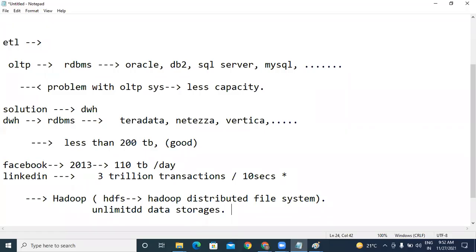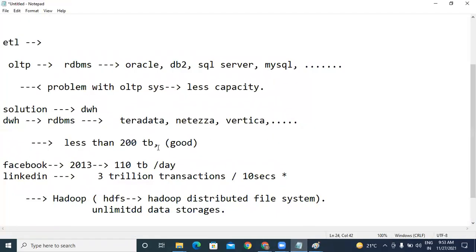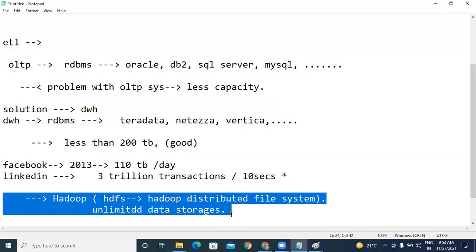Got it? So what exactly those technicals are, later. First, I stuck at only ETL. Now you know, based on the data volume, you can use different databases. For the warehouse, if your volume is less than 200 terabytes, go with Teradata. Greater than 200, go with Hadoop kind of systems or other distributed file systems.